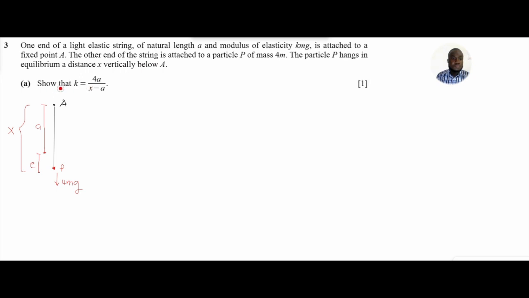Now we want to show that the value of k, which is part of the expression of the modulus of elasticity of the string, should be 4a divided by x minus a. So let's see how that goes. Since P hangs in equilibrium, the tension in the string should be equal to the weight of P, which is 4mg.